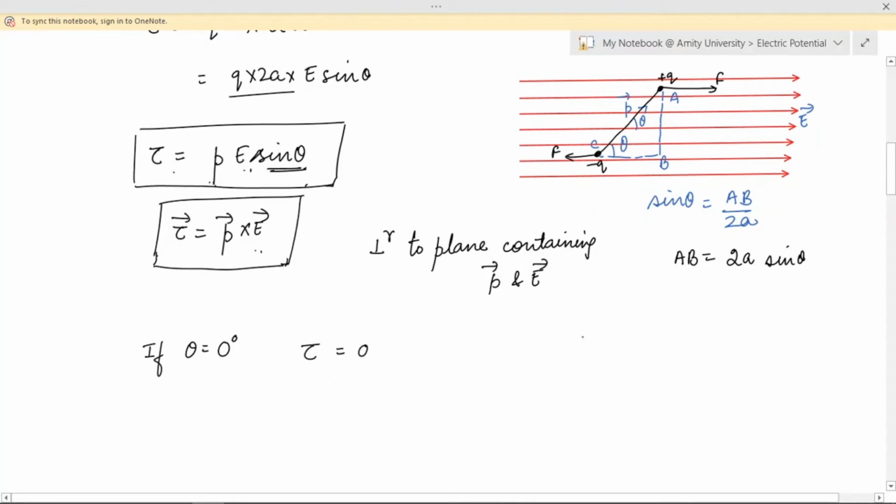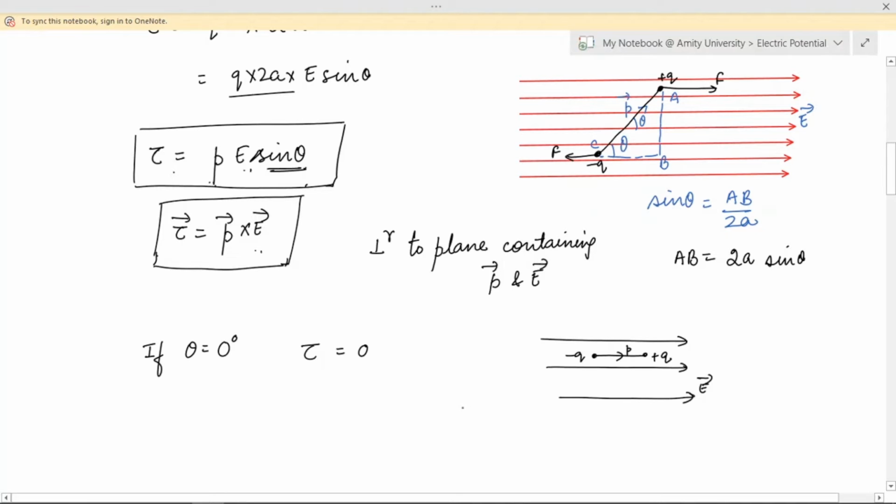How do we express this situation with the help of a diagram? Suppose this is a uniform electric field and a dipole is placed like this, with minus q and plus q oriented along the direction of the electric field. So torque is 0. This is called the state of equilibrium; the electric dipole will stay like this only.